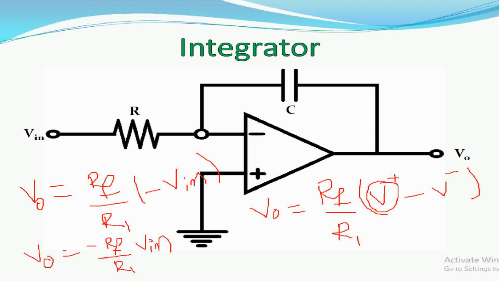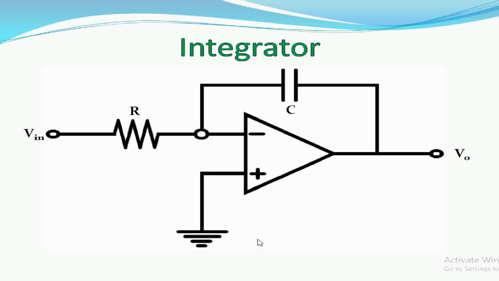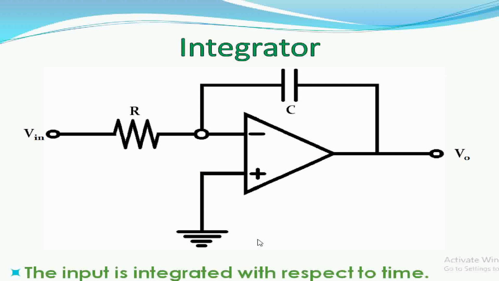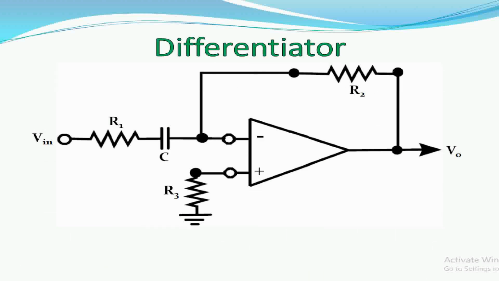The integrator integrates and amplifies the input signal V in. Next, this is your differentiator. Here you have a capacitor with R1 applied to the inverting terminal, and this is your R2.